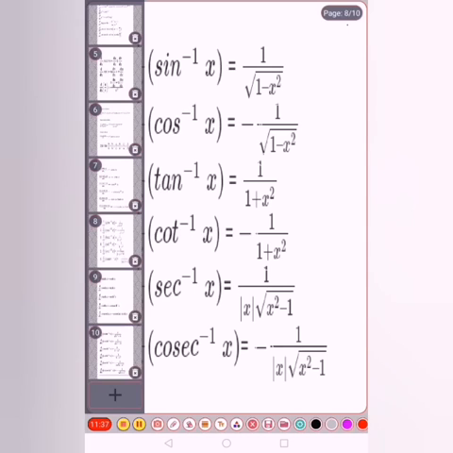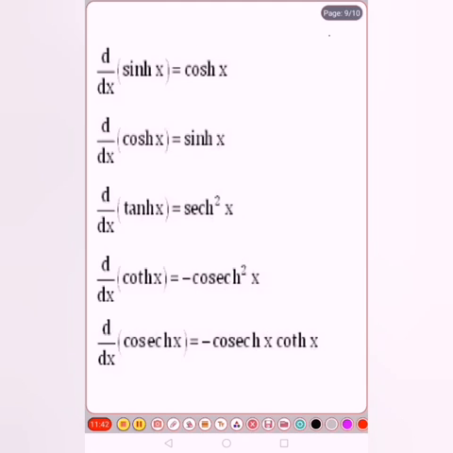Now we will discuss some more, that is hyperbolic functions. These are hyperbolic functions. Differentiation of sin h x is cos h x, like differentiation of sin x gives cos x. Differentiation of cos h of x gives sin h of x.